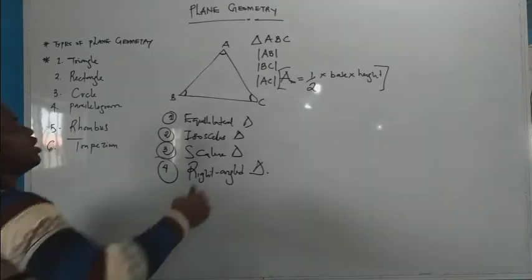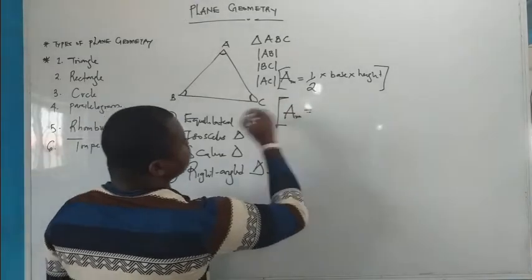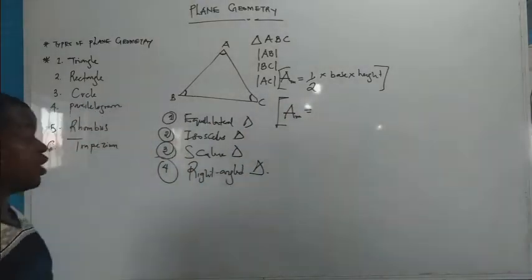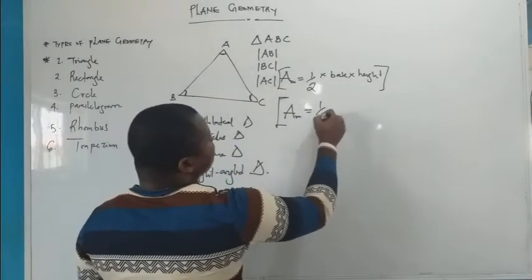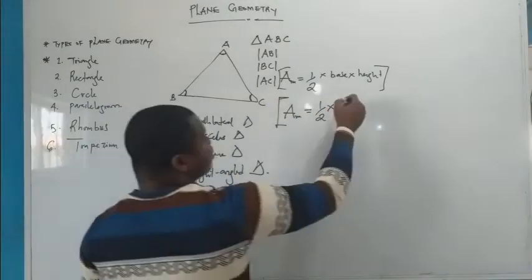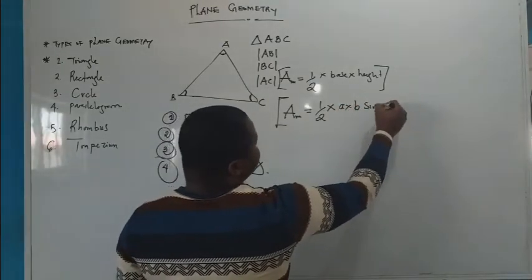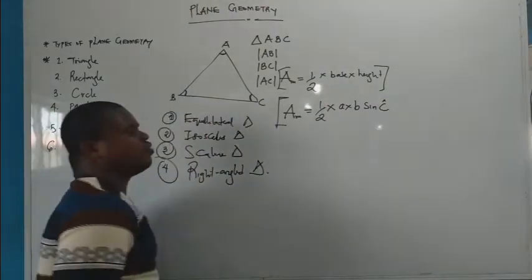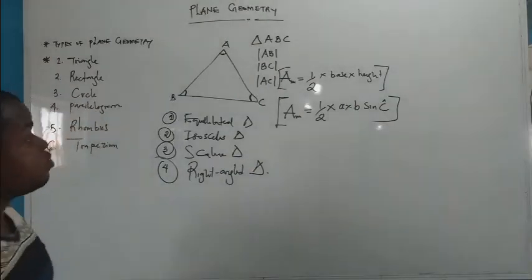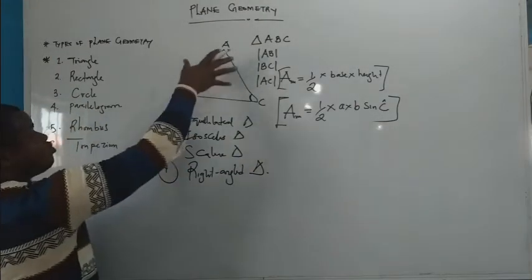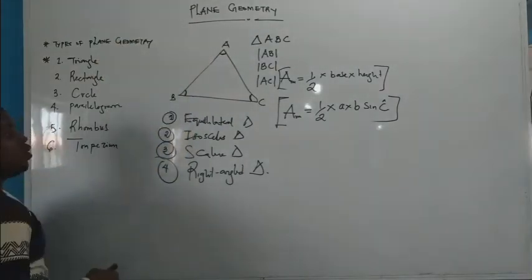We also have another formula to calculate the area of a triangle, depending on the triangle: half AB sine C. What does the formula represent? Sometimes you'll be given a question whereby the angles of the triangle will also be given. Then how do we locate our A?